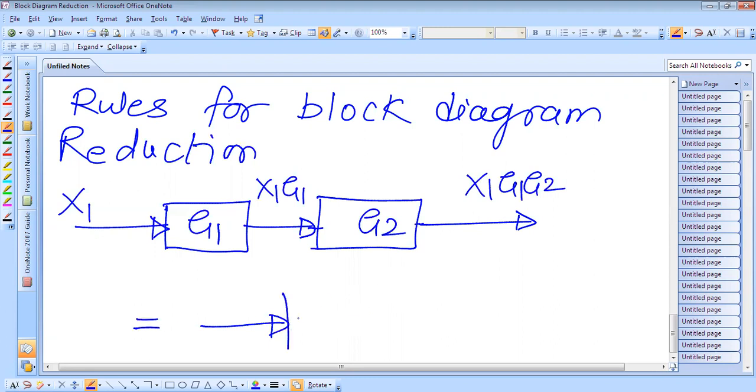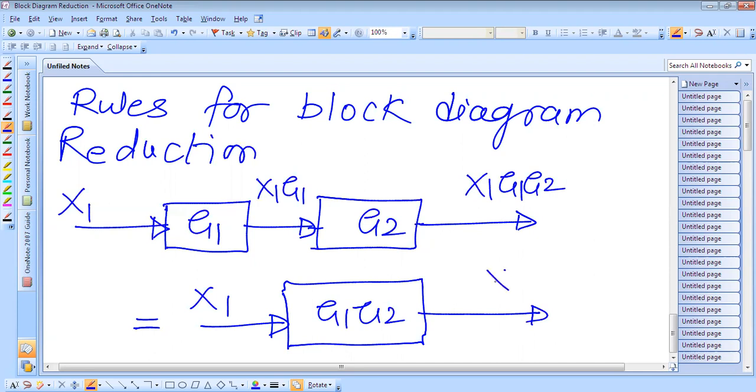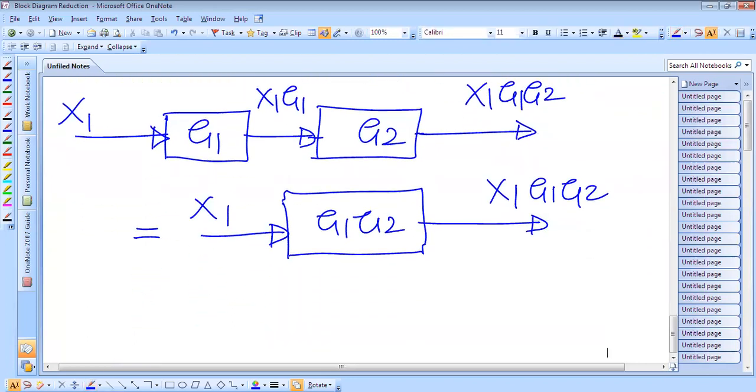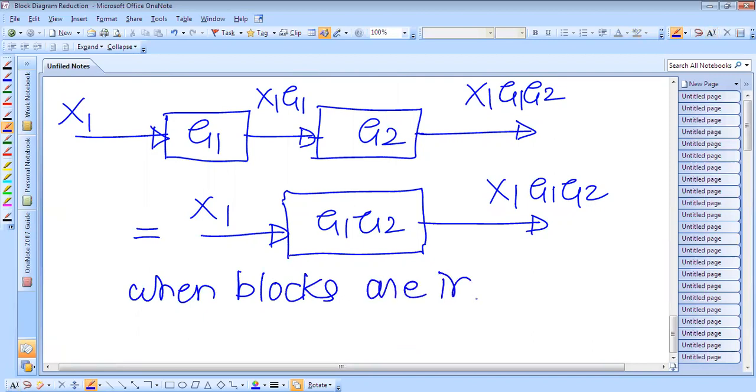The above two blocks can be represented by just one block, G1 G2, with output X1 G1 G2. This is when the blocks are in cascade. The first rule is for blocks in cascade, or in series.